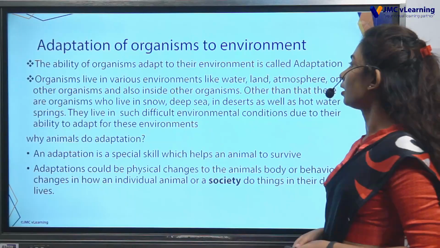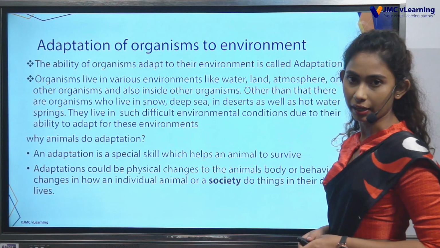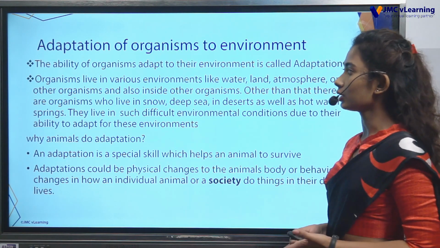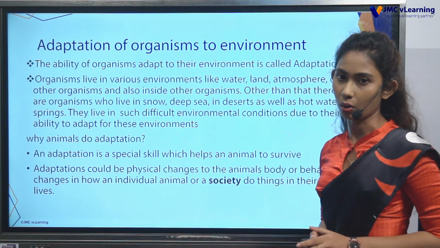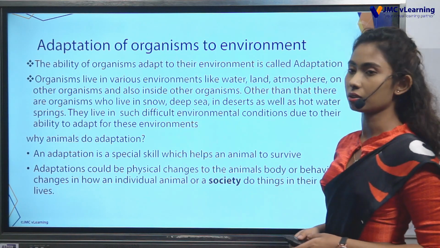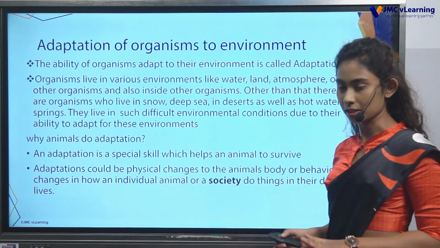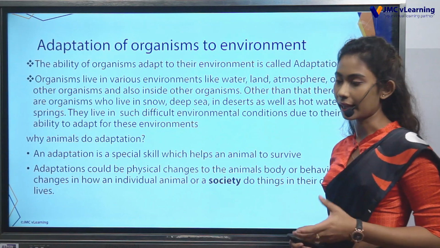Again, adaptation means the ability of organisms to adapt to their environment, and organisms can live in different types of environments very peacefully. So why do animals adapt? That is the point.